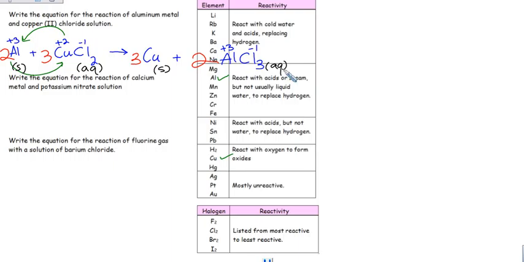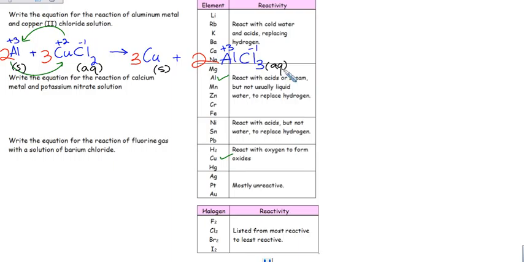It's exactly what we're going to do in the lab. And don't freak out with the phases. In the upcoming videos, I will show you a chart that you can use to predict phase symbols if you're not running the reaction in the lab. That one is done. I love that reaction.